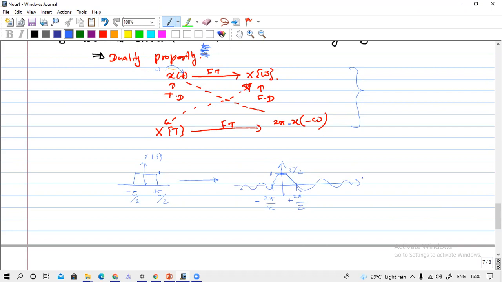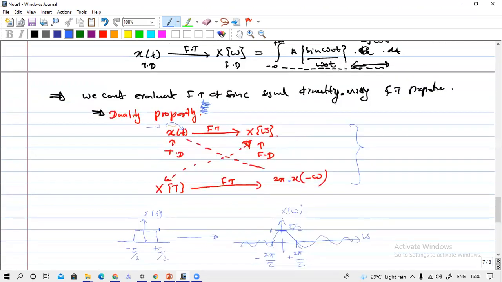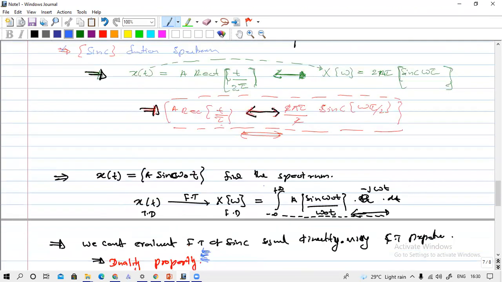So you can see that this is the X(omega) signal. We already saw this.